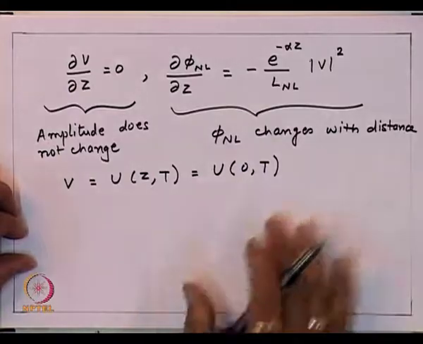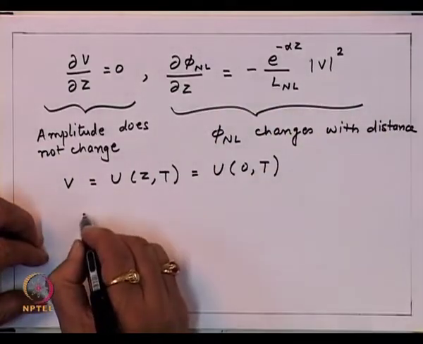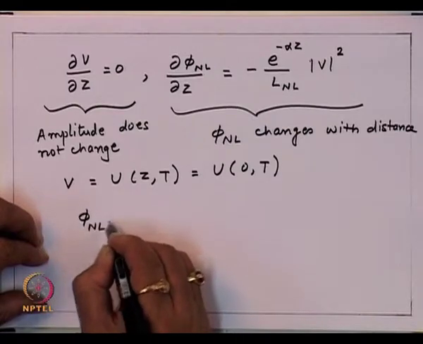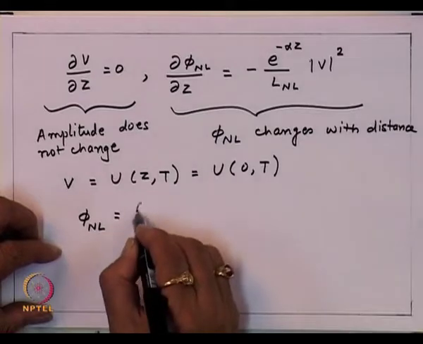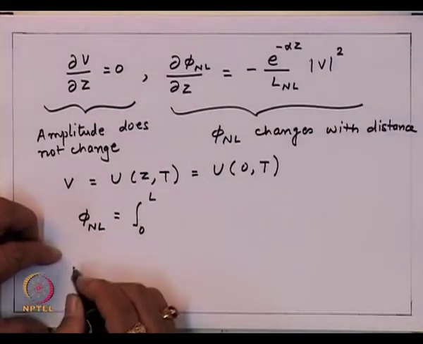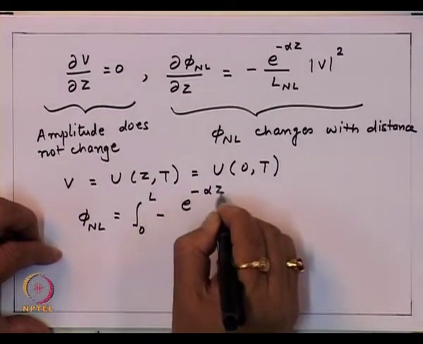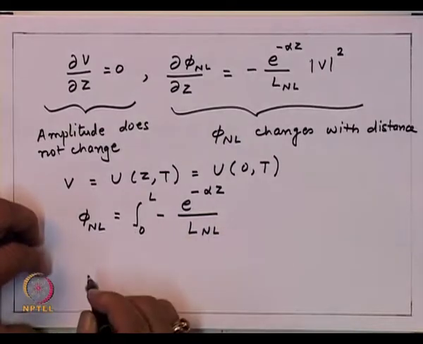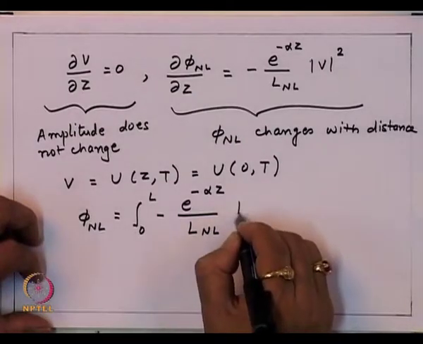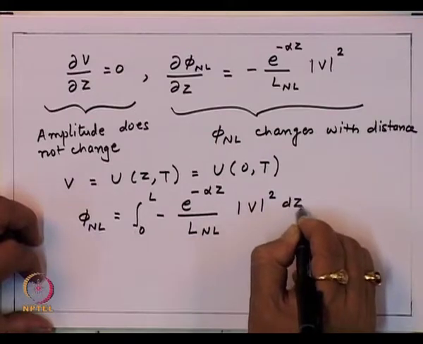as a function of time. So, from this equation then one can get phi NL, I can integrate this as a function of distance. So, this is integral from 0 to L of minus e to the power minus alpha z upon L NL mod V square dz.